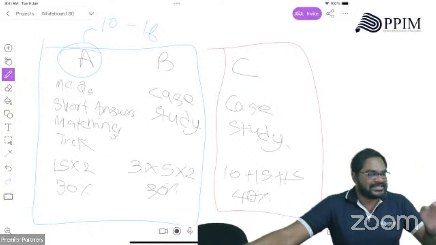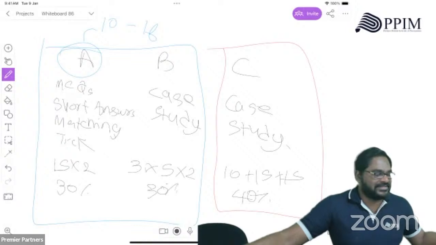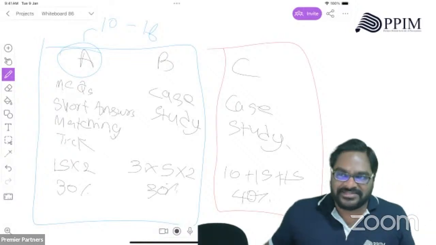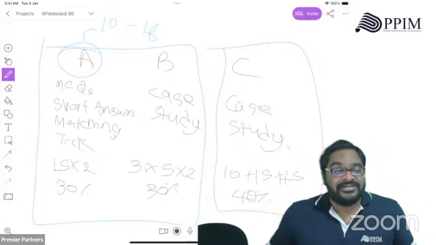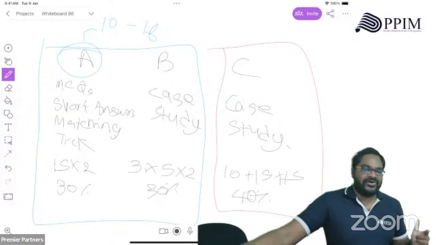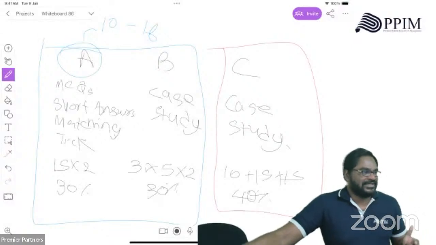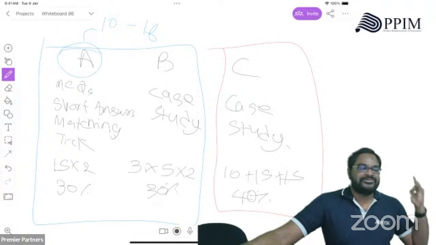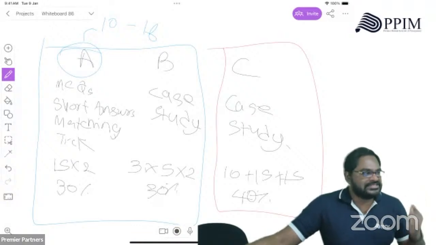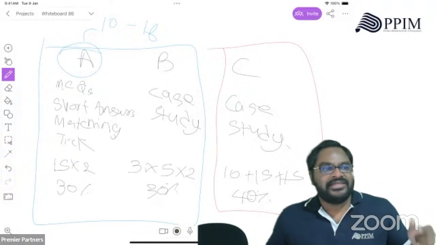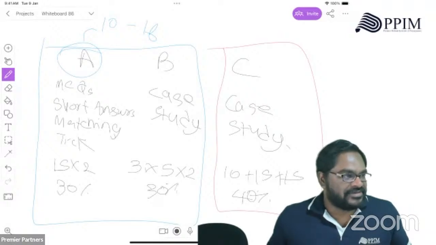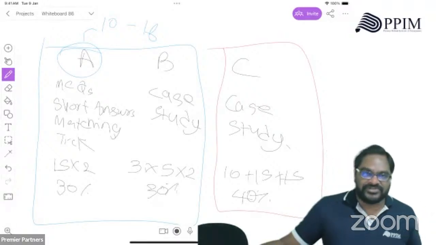Final answer maximum will carry 0.5 marks. That's it. Most of the time, that is also not there. You are having marks only for your steps. So don't ignore the steps. Each step that you have studied, you have to follow those steps, because marks will be allocated for those.